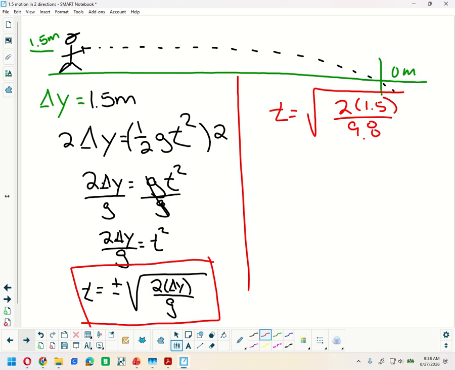So my time is 0.553 seconds. Anyone not get that? Anyone not get that? So I can help you with the calculator.